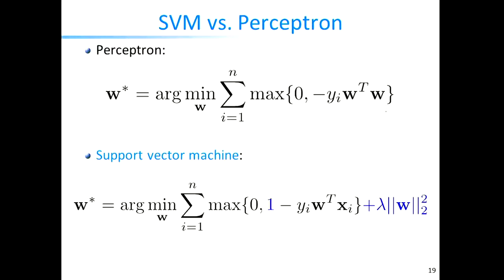Okay? So this was the perceptron problem that we had before. This was just the sum of these perceptron loss functions evaluated at these points. So we replaced L sub P here with this hinge loss. The difference is in blue: it's this 1 that we added, we shifted this line.